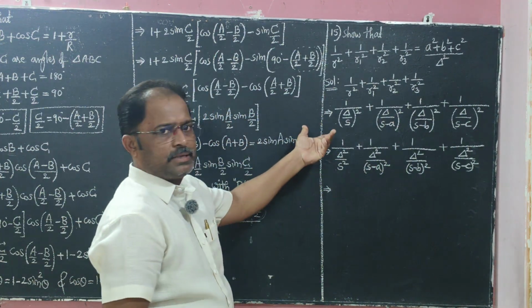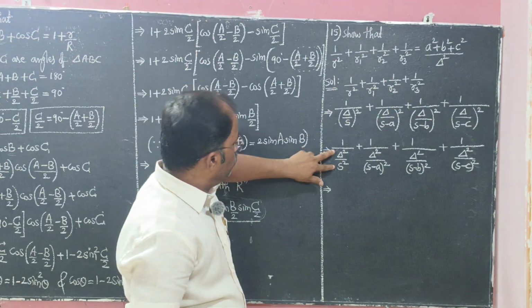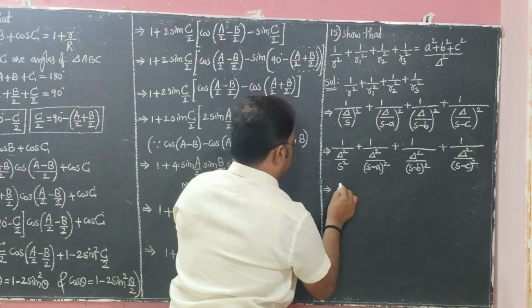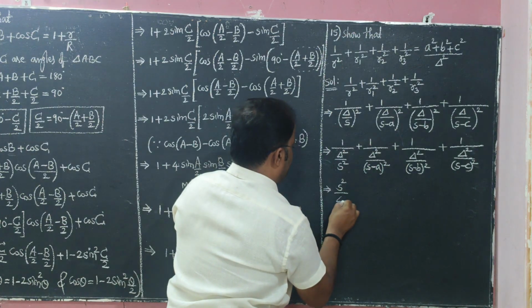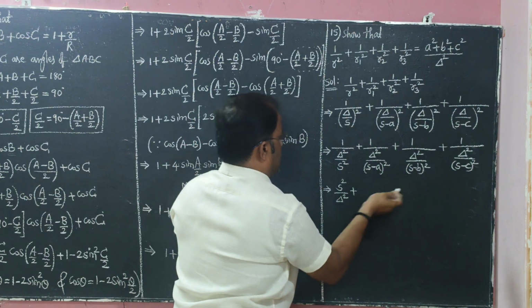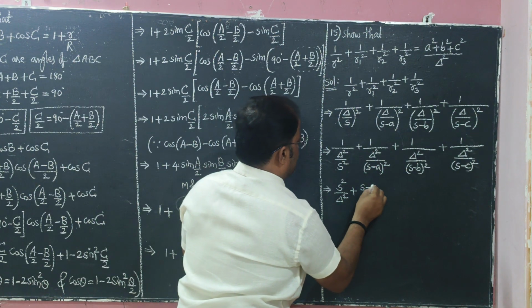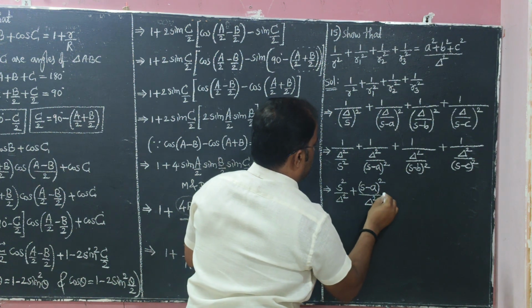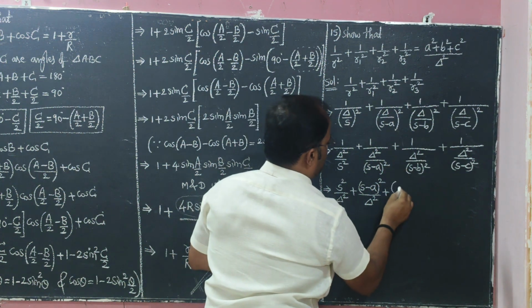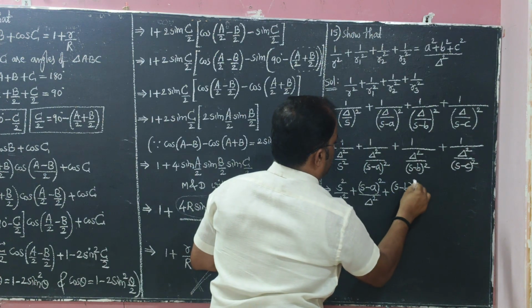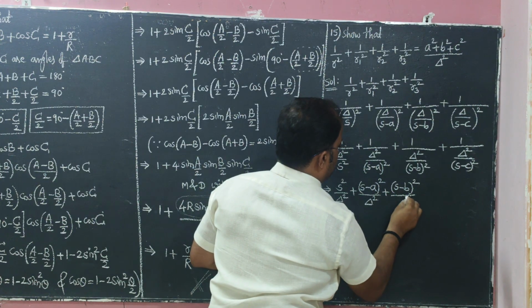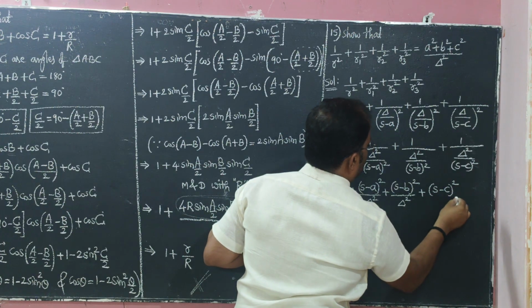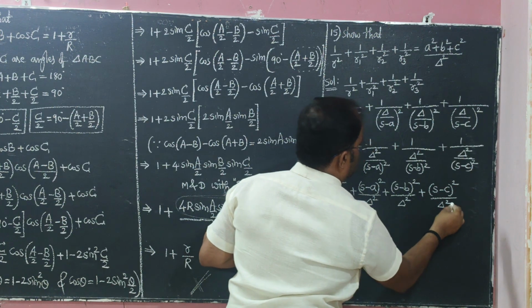Reciprocal means reverse. Okay, 1 into s² by Δ², plus reciprocal means (s minus a)² by Δ², plus (s minus b)² by Δ², plus (s minus c)² by Δ².